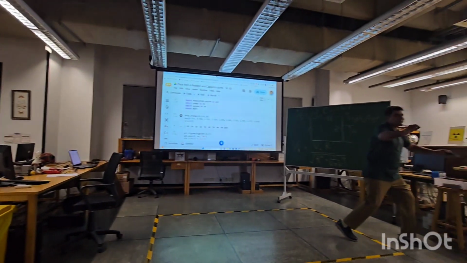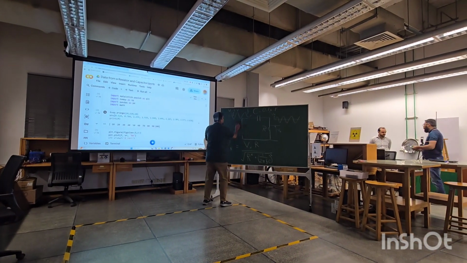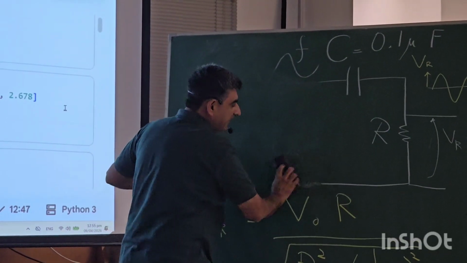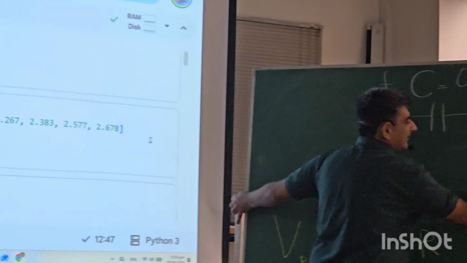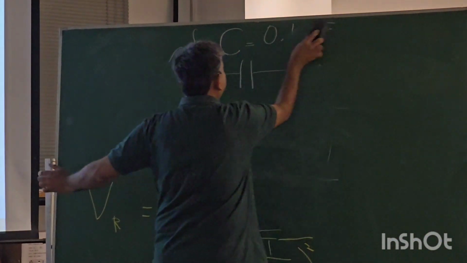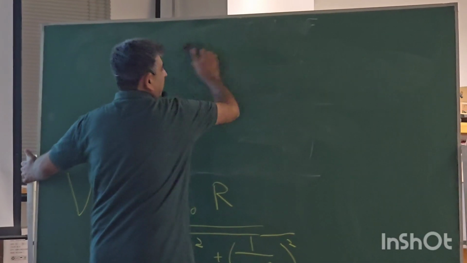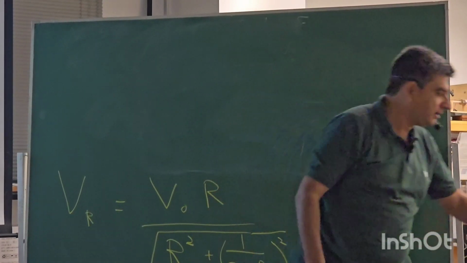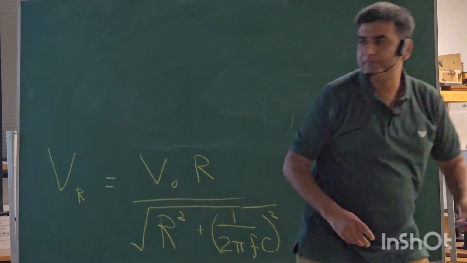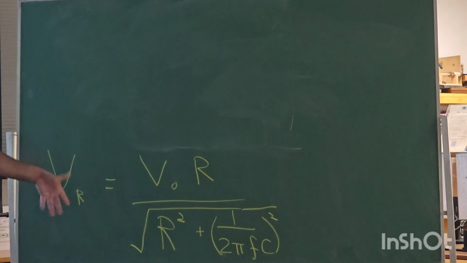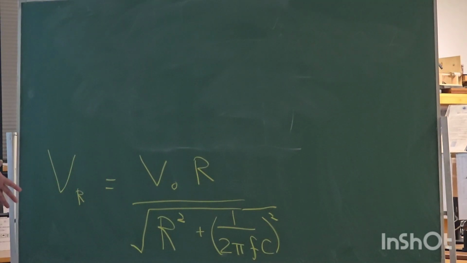So the next assignment I would like to give you is, now we can forget about the hardware. We have done the experiment, we have a proposed model. I would like you to recast this equation.